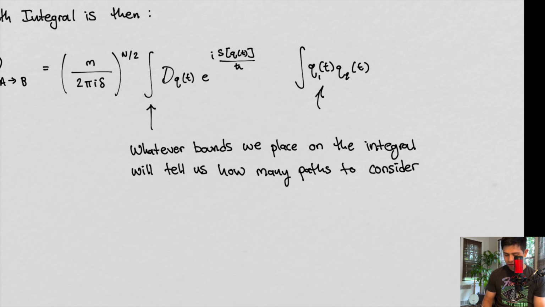This is one integral, second integral, q3 of t, this is our third integral, and so forth. However many q's there are is going to be specified by the bounds on this integral. So if you say you have 20 intermediate states between a and b, that's what this integral is going to take care of.